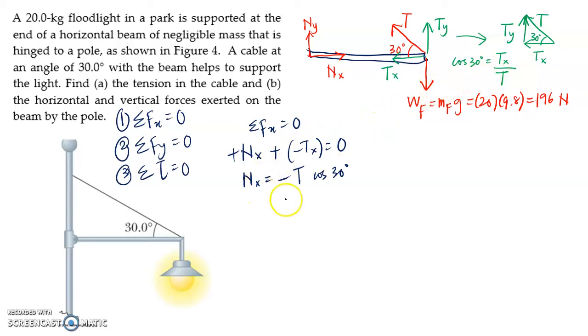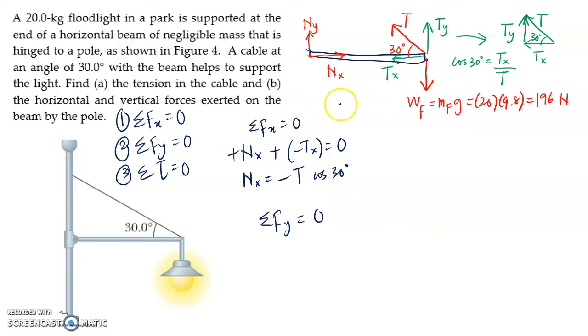As you can see here, we have two unknowns. Remember that normal and tension don't have an exact formula to calculate the value. Because of that, we're going to proceed to the second equation, which is total force along the y component is equal to 0.